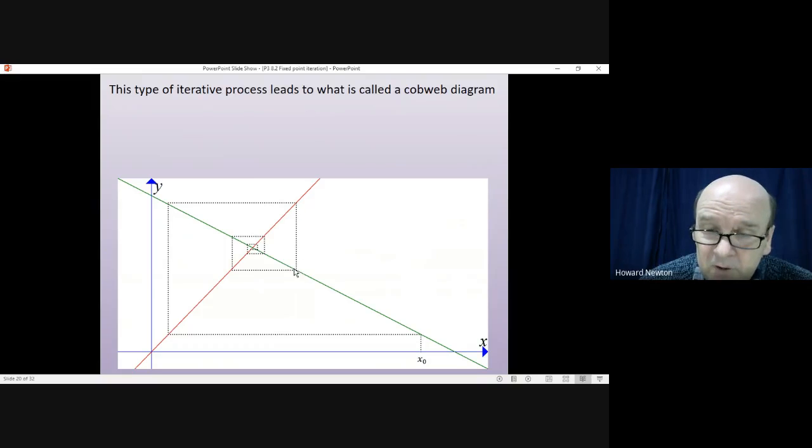You put that into the function, that gives you the next value of x, and so on, as you spiral inwards towards the center and towards the solution. In terms of the values you actually calculate on your calculator, it would be these values. So you're given x0, x1 would be the first value you calculate, then x2, then x3, then x4, then x5, as we oscillate in towards the solution.